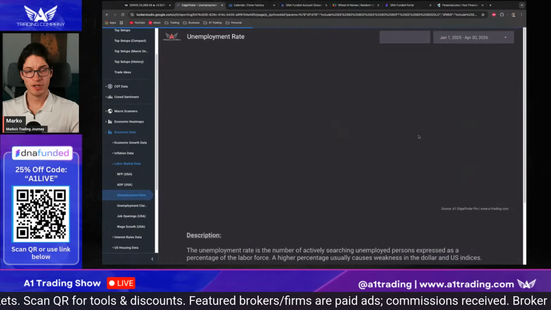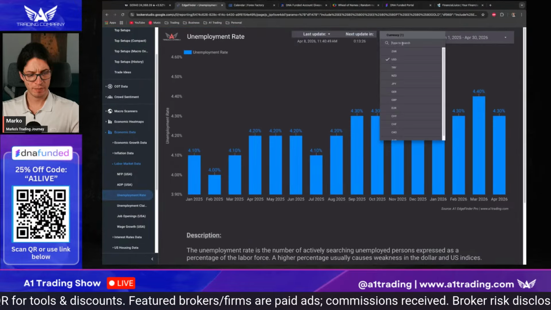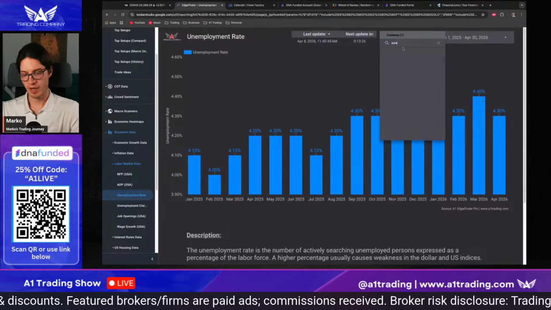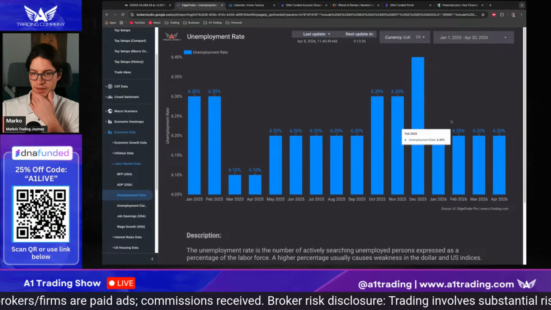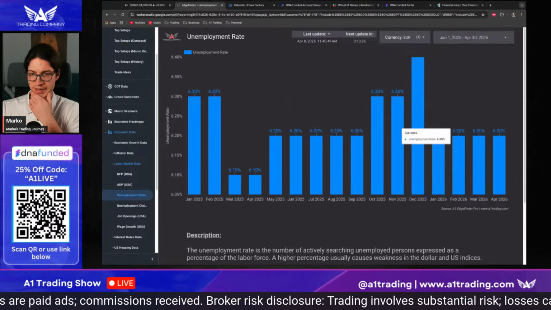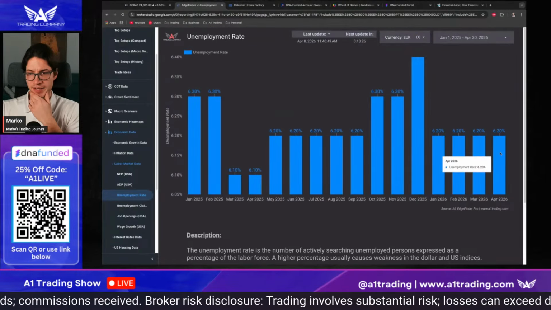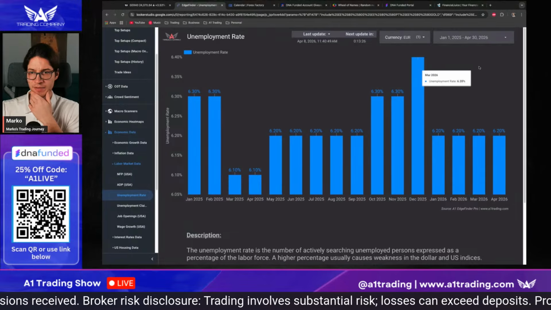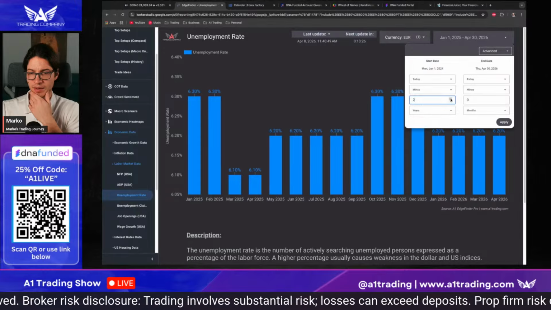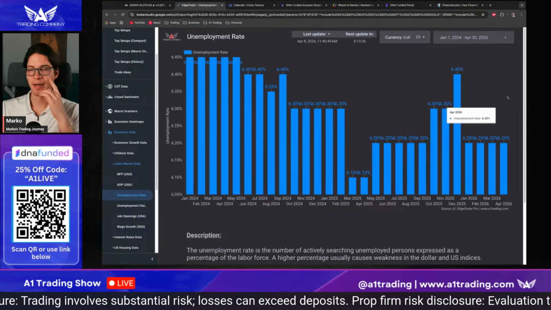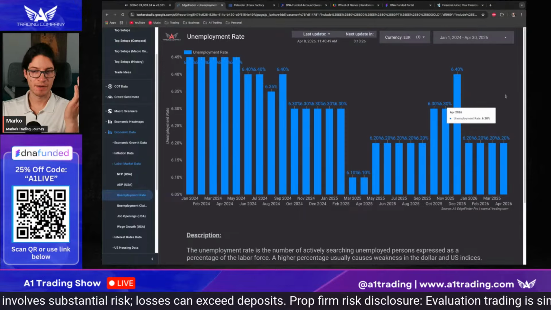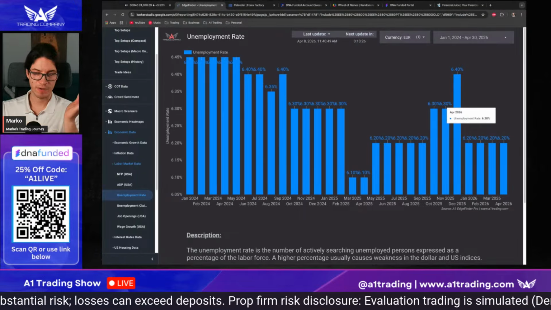What is an issue is the unemployment. Unemployment is pretty high compared to other, bigger countries. 6.2%, but staying steady, if I'm not mistaken. It's not rising. Looking at the overall trend, it's actually falling. In relative terms, it's fine. If you compare it to other countries, it's not fine.